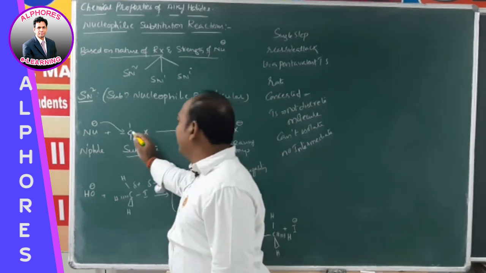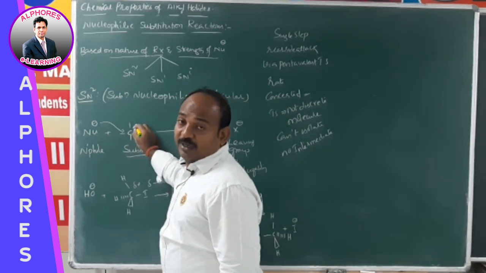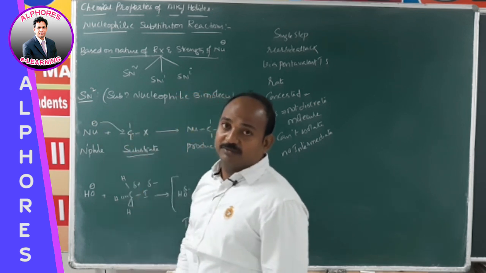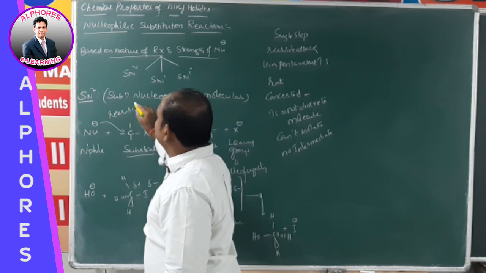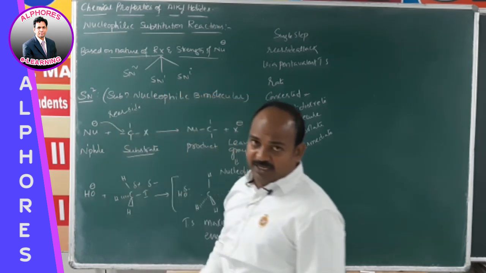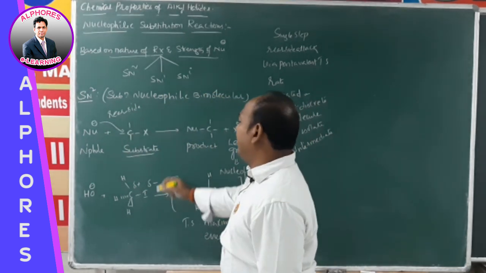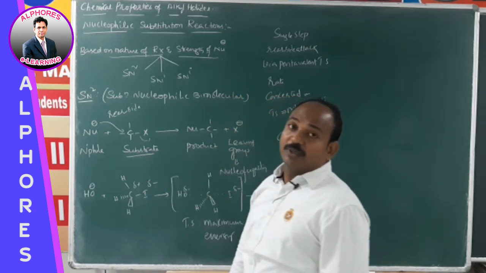In which way does it come and attack? From the rear side, exactly the back side. Rear side attack is possible here, and X minus departs.